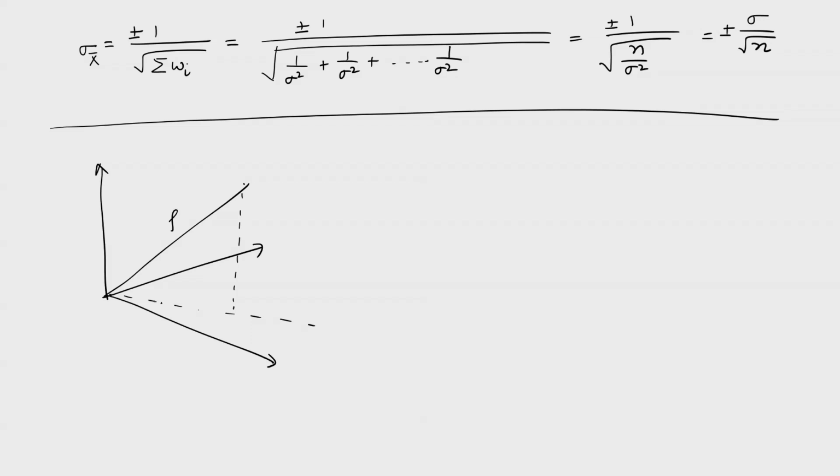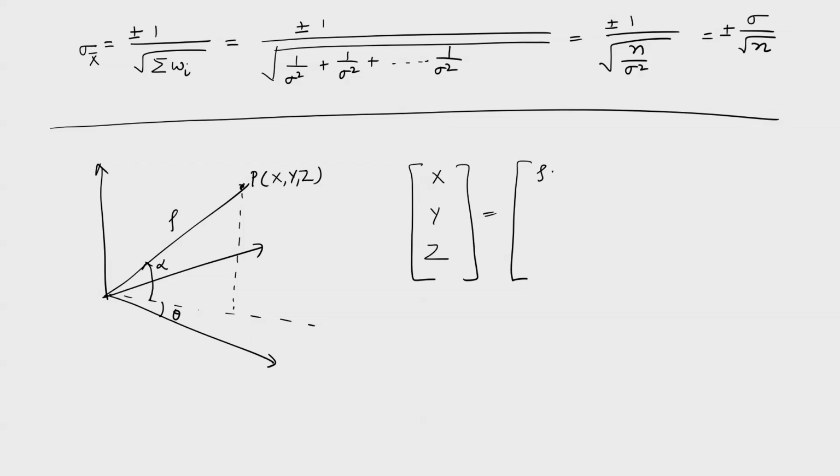One is theta in the planimetric plane, and one is the alpha angle, which is the vertical angle for point P, and you are calculating the x, y and z 3D coordinates of point P, and these 3D coordinates are given in matrix form by rho cos alpha cos theta, rho cos alpha into sin theta, and rho sin alpha, right.